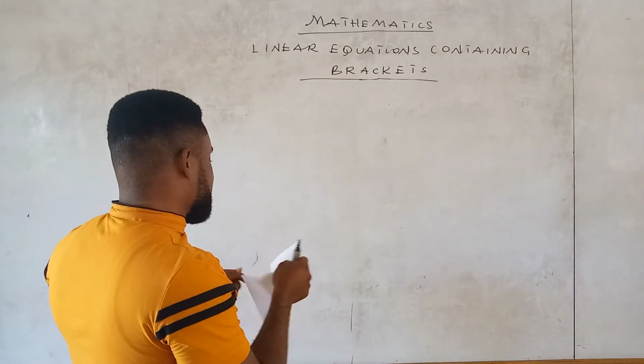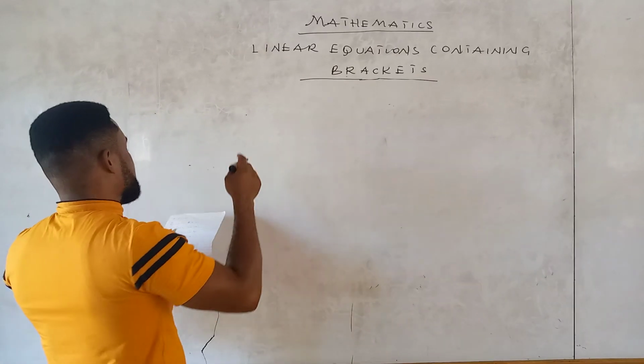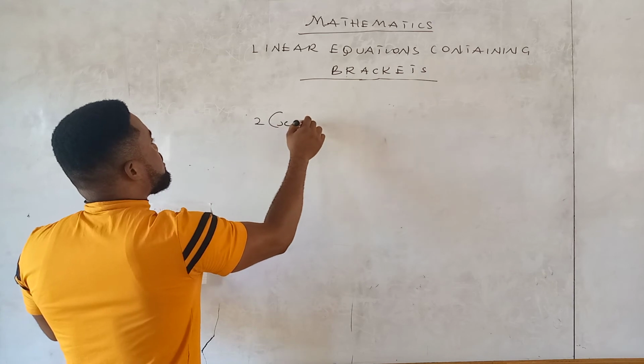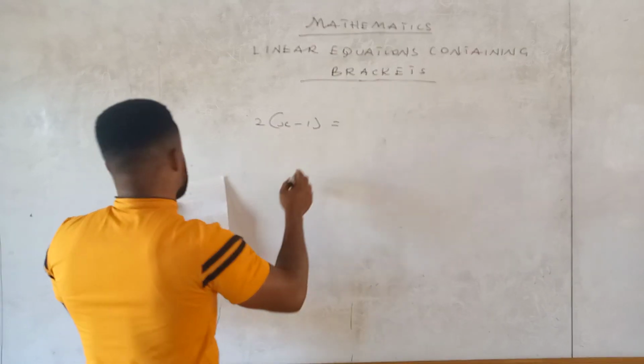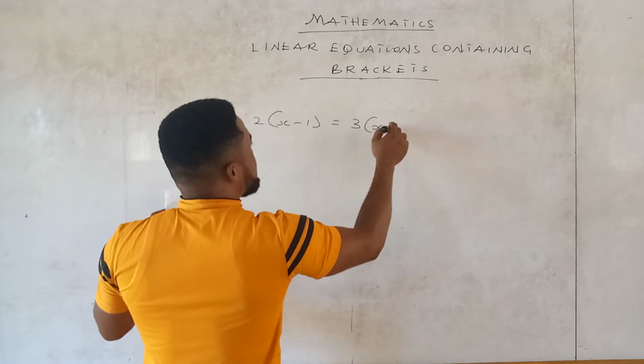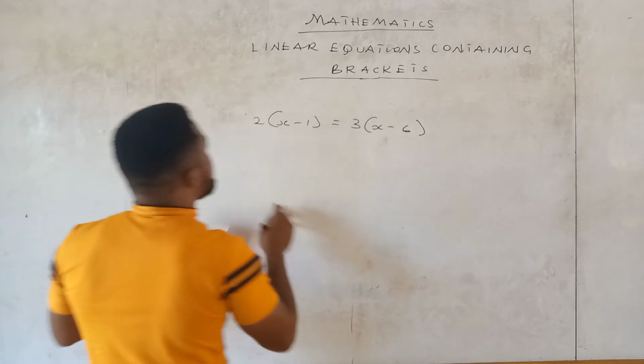So assignment number 1: 2 into bracket x minus 1 equal to 3 into bracket x minus 6.